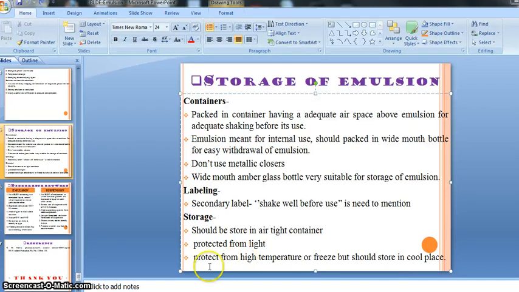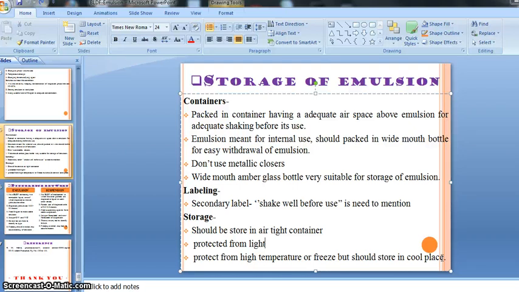Then protect from high temperature or freezing, but store in a cool place, right? We should know that a change in temperature, both increasing and lowering it, is responsible for instability.